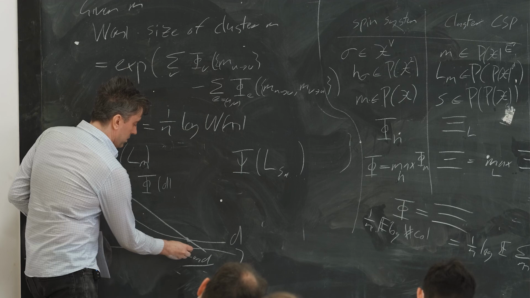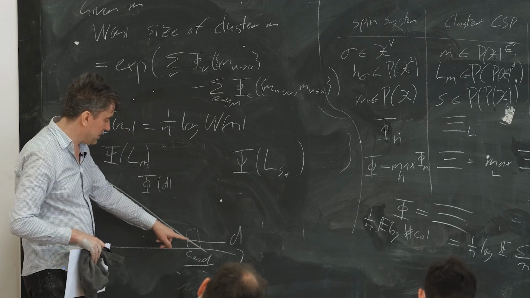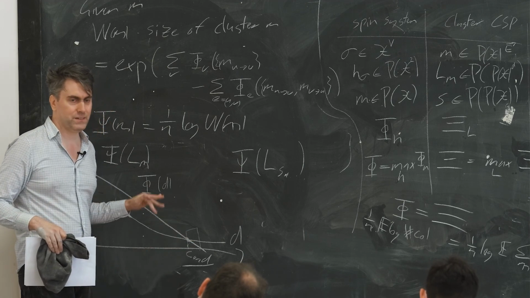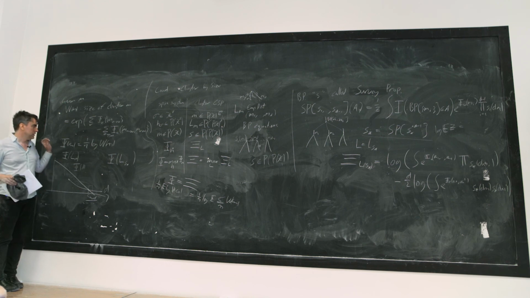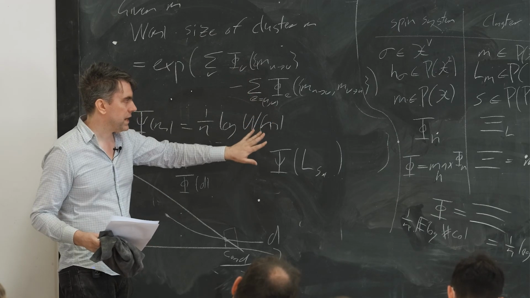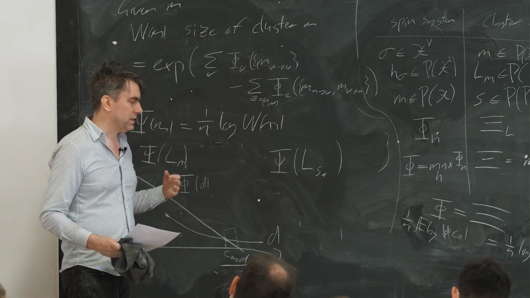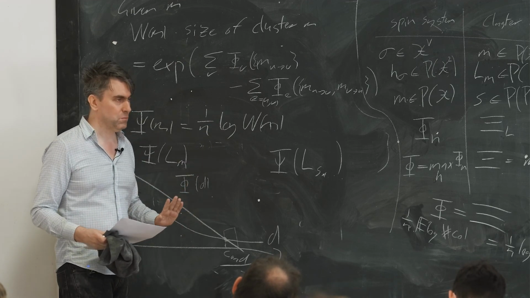And so on Saturday morning, we'll be working on what happens when we're above this threshold, and seeing what calculations you can do with this BP message view of clusters. This looks sort of abstract, but when we specialize it to, say, colorings and independent sets, these equations will be more concrete looking.